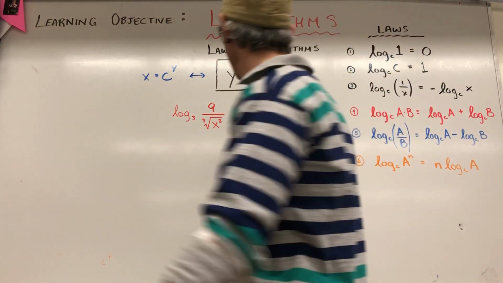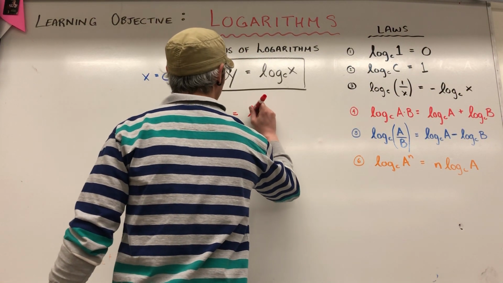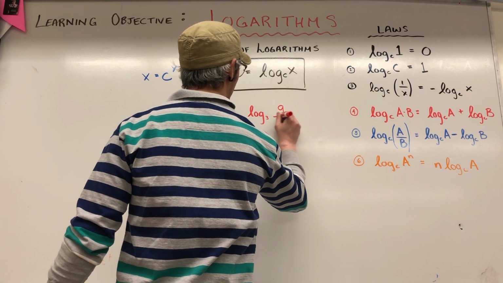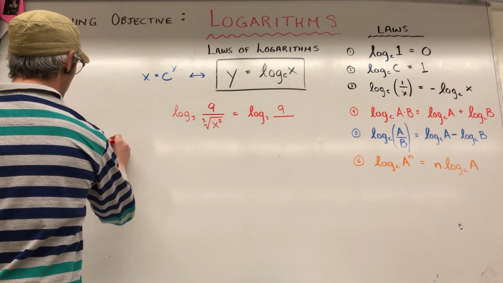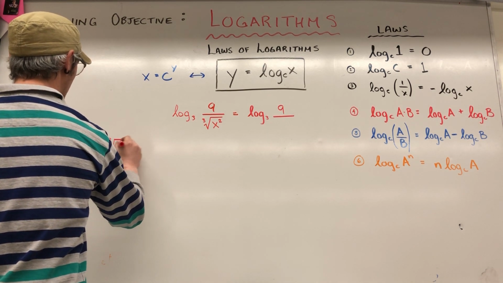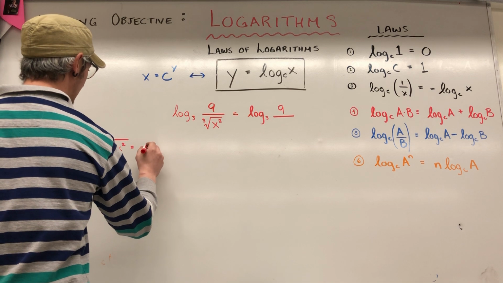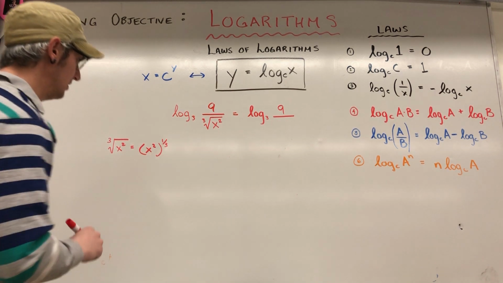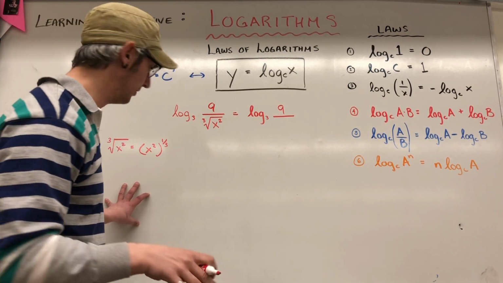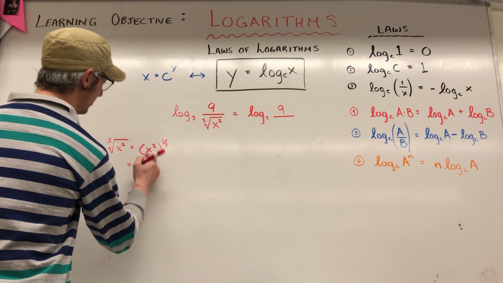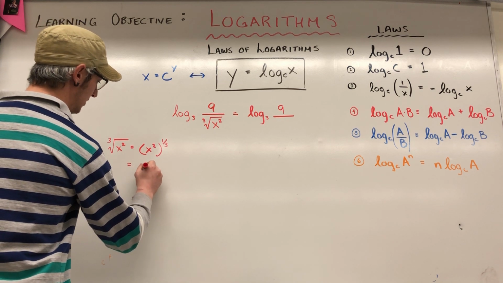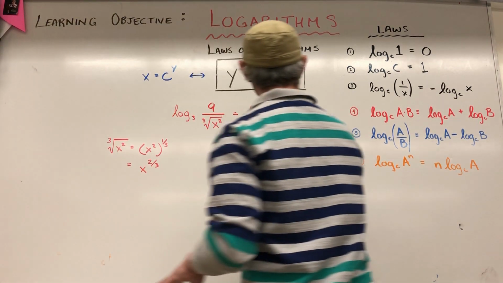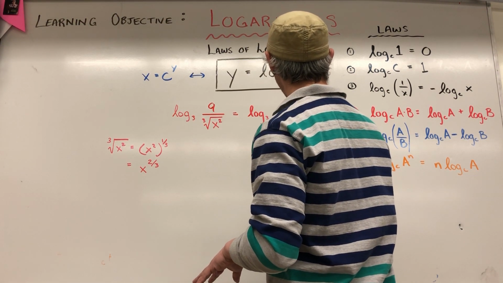That's the first thing we can always do, get rid of that stinky little radical. So I can rewrite 9 over the cube root of x squared as x squared to the 1 over 3, if you remember our exponent laws. If you don't, check that out. Then using the power law of exponents, this becomes 2 over 3. So I can rewrite this as x to the power of 2/3.